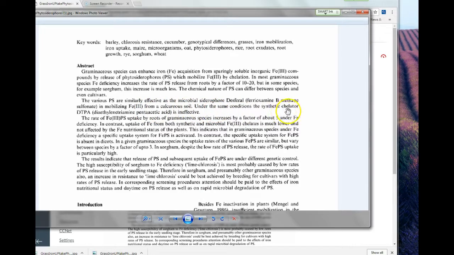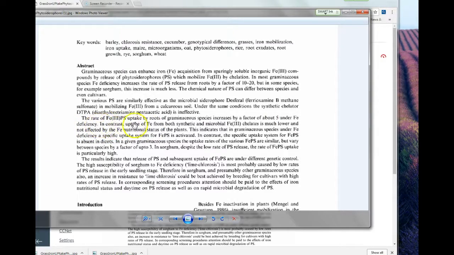Under the same conditions, the synthetic chelator DTPA, diethylene triamine pentaacetic acid, which is what we use for iron, is ineffective. The rate of Fe3+ phytosiderophore uptake by roots in gramineous species increases by a factor of about 5 under iron deficiency.